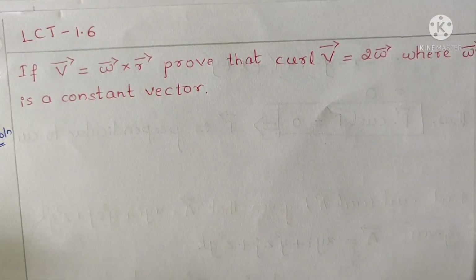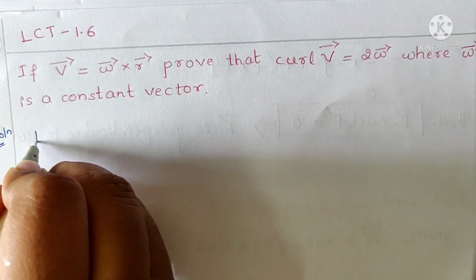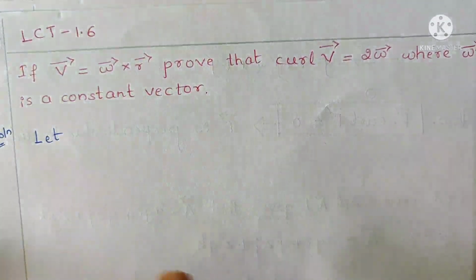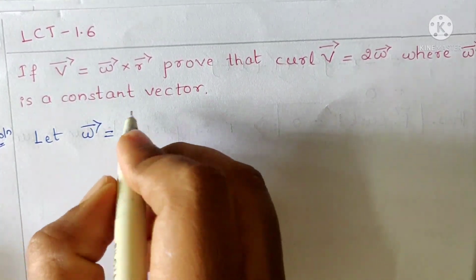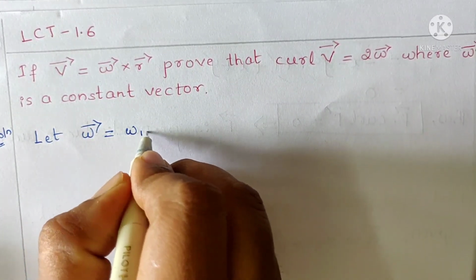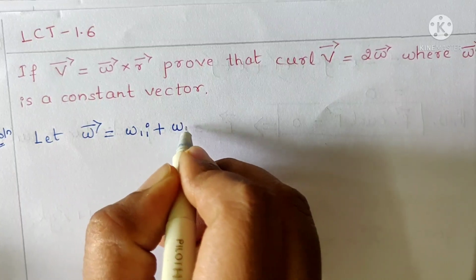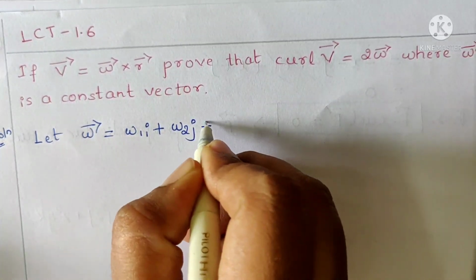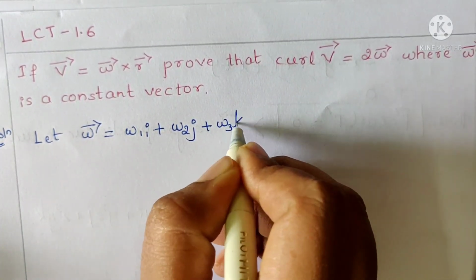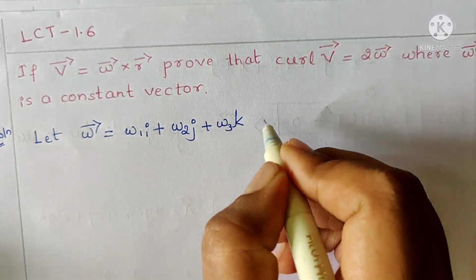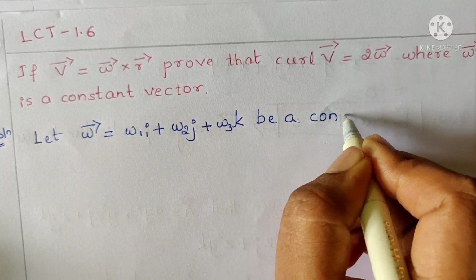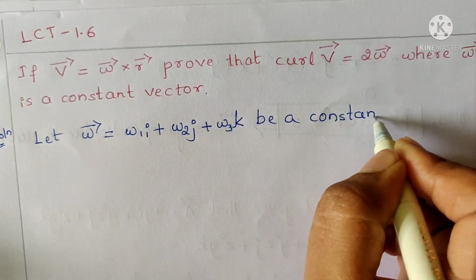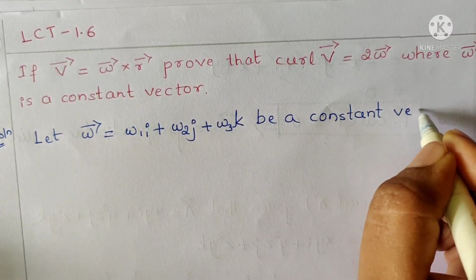So let vector w be w1i plus w2j plus w3k, a constant vector.